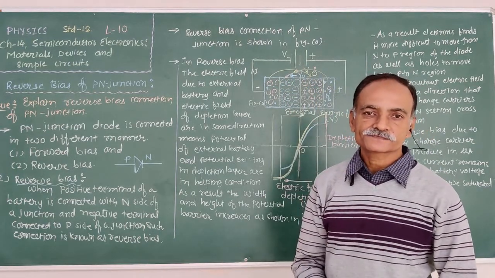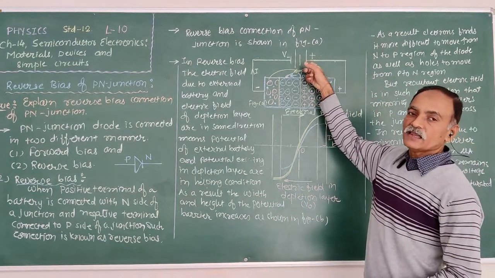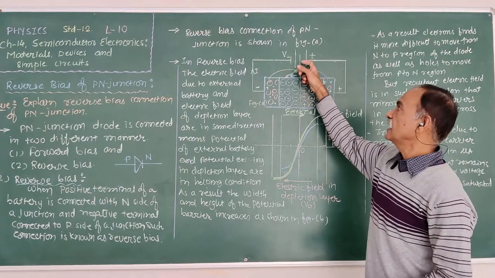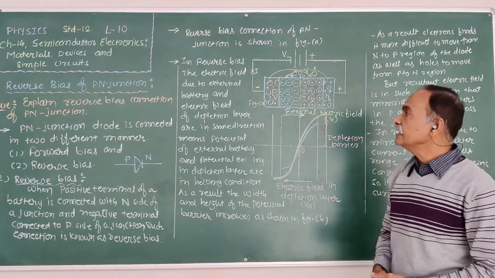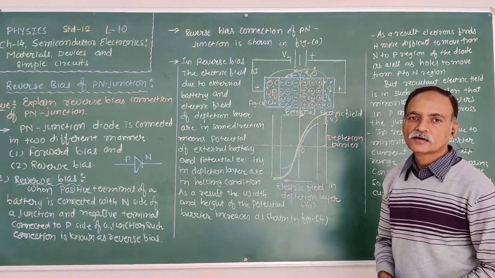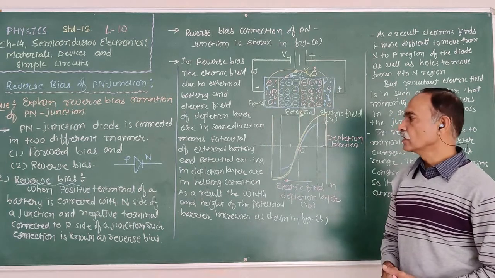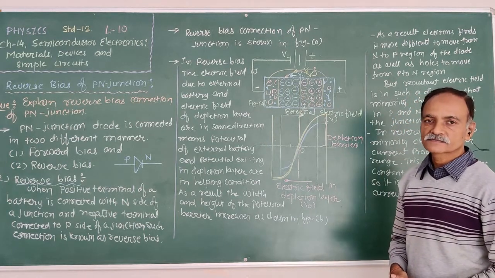Therefore, the electric field existing in the depletion layer is also into the P side, that is the same direction as the applied electric field. The meaning of this is that the potential of the applied external battery and the potential existing in the depletion layer are both in helping condition.